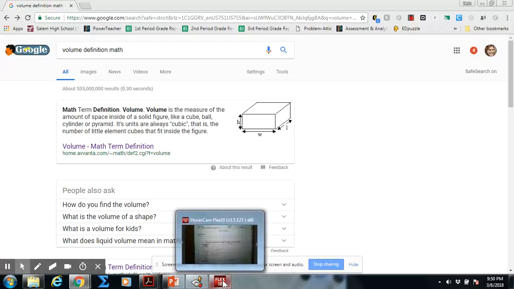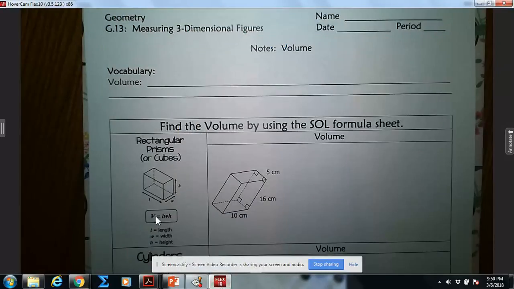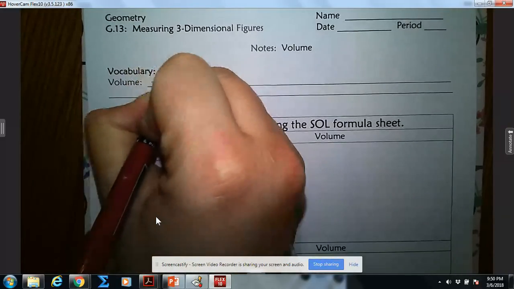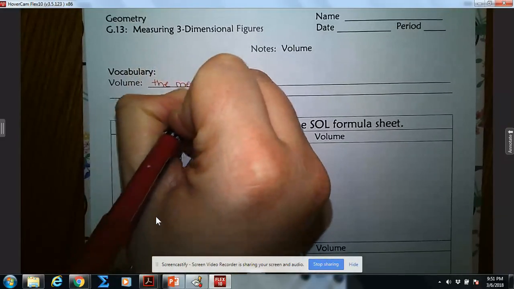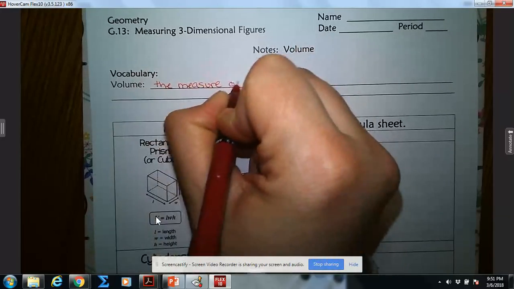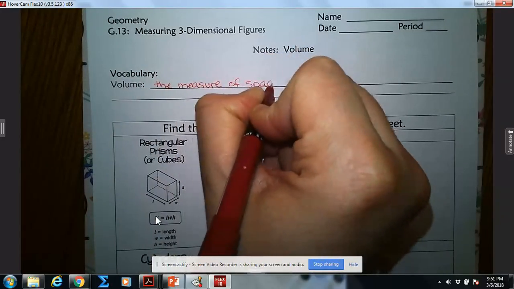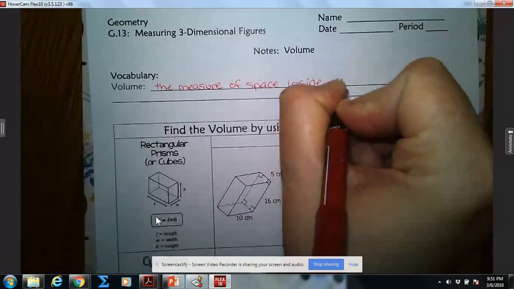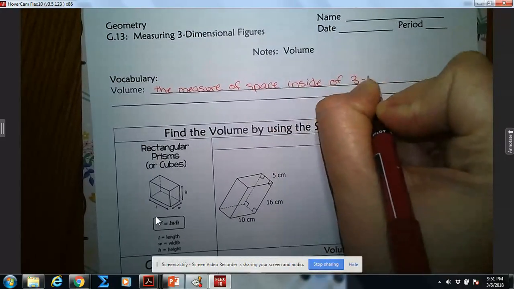Okay, so we're not going to write all that down, but we are going to write this part down. That volume is the measure of space inside of a three-dimensional figure.